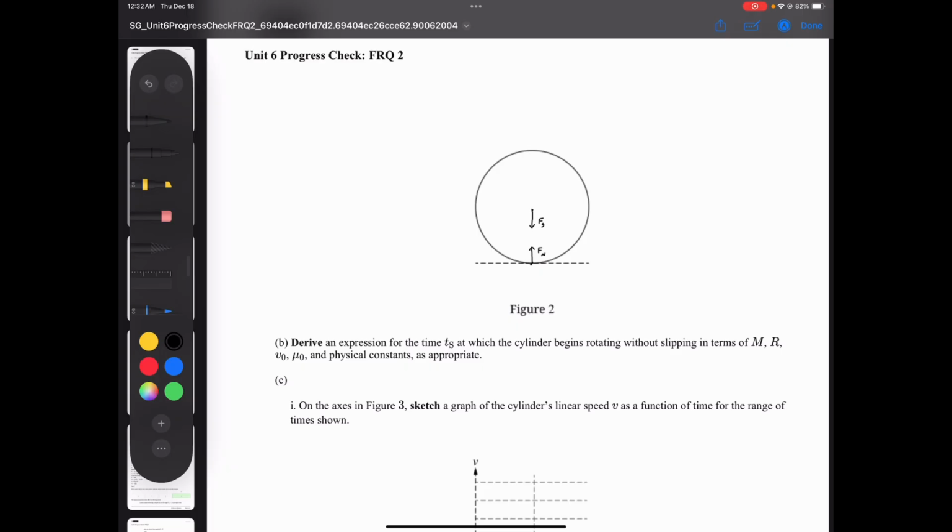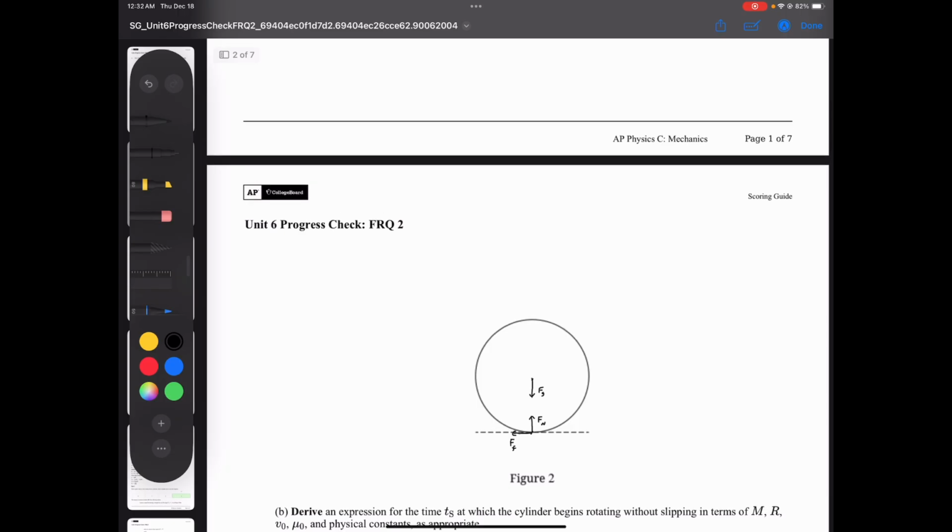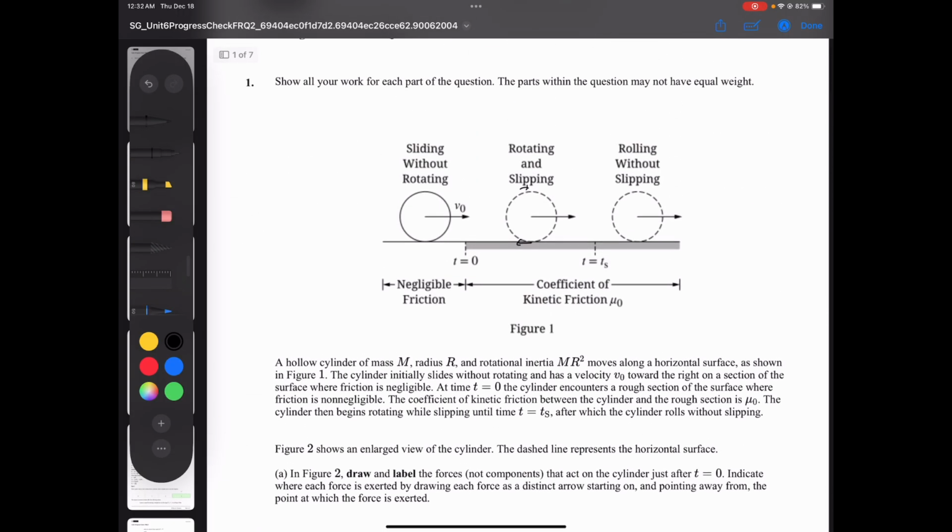And then the friction force, in this case, is actually pointing to the left. And the reason why, if we look at our situation here, let's think about it. The cylinder is not rotating at the beginning. So when it enters this region where there's friction, the bottom of the cylinder is sliding to the right.